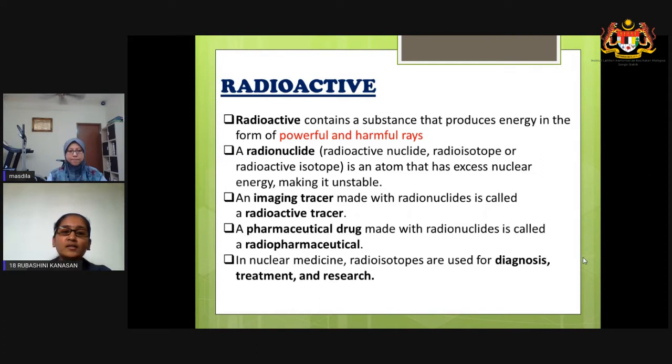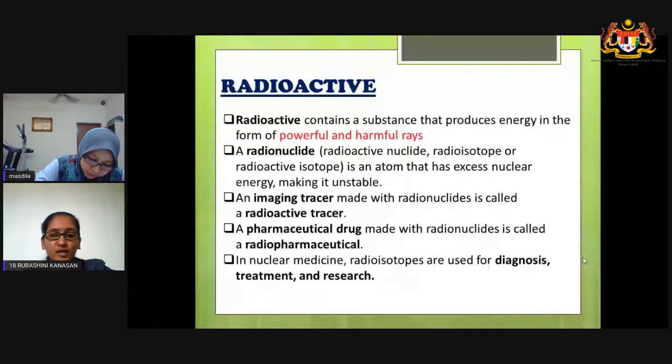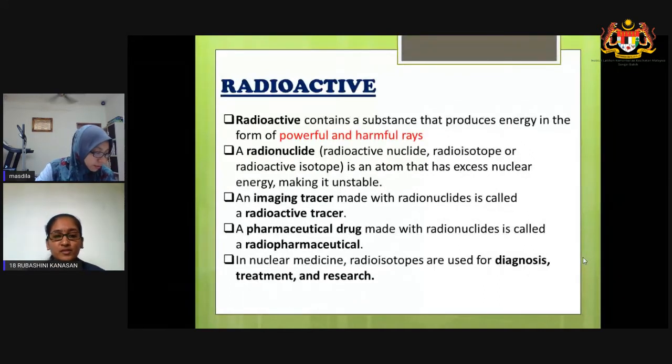A radionuclide, also called radioactive nuclide, radioisotope or radioactive isotope, is an atom that has excess nuclear energy, making it unstable. An imaging tracer made with radionuclides is called a radioactive tracer. A pharmaceutical drug made with radionuclides is called a radiopharmaceutical. And in nuclear medicine, radioisotopes are used for diagnosis, treatment, and also for research.